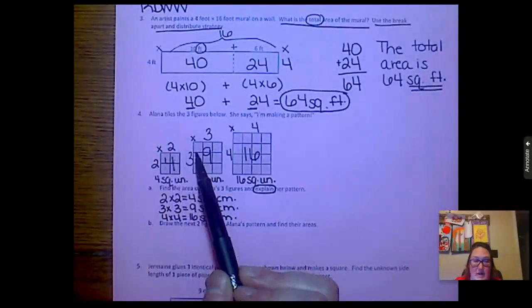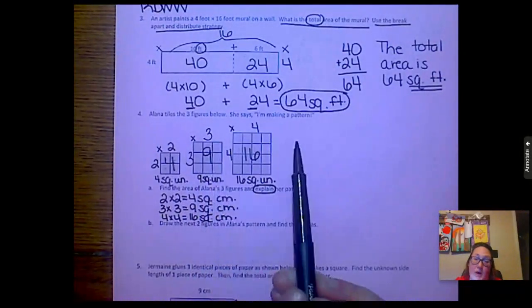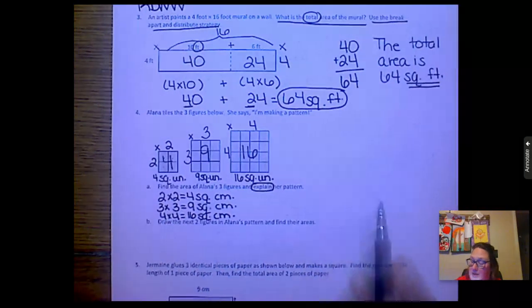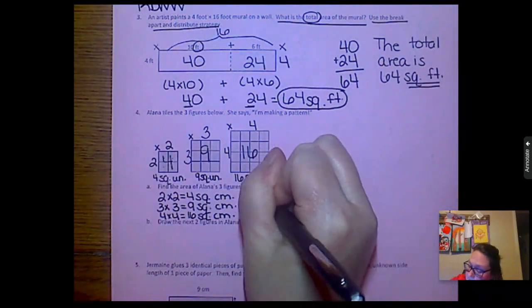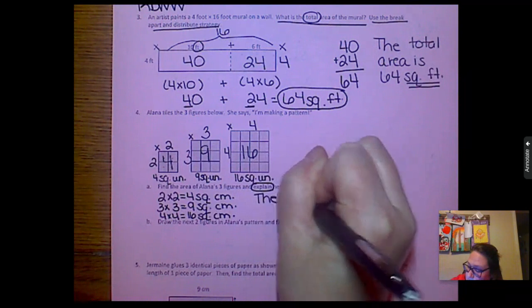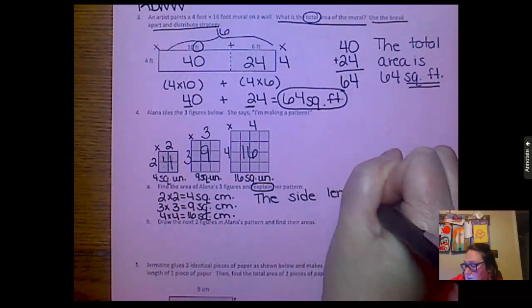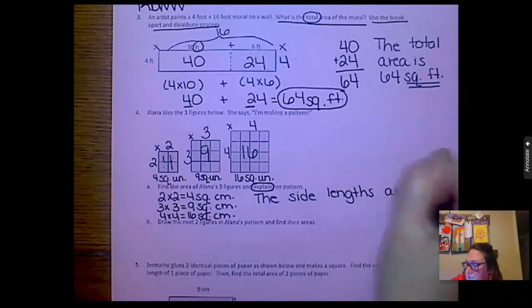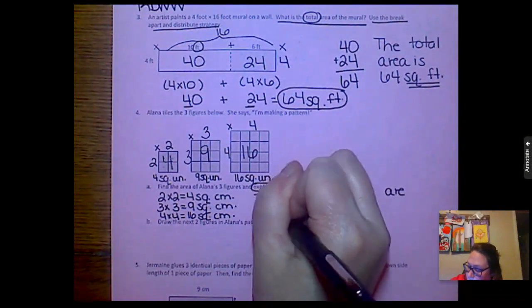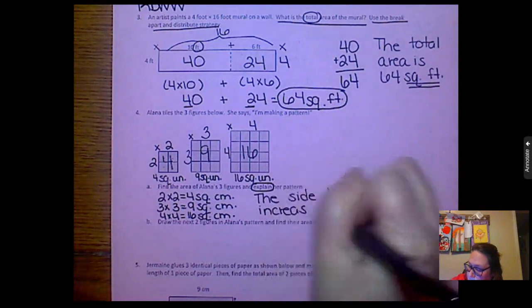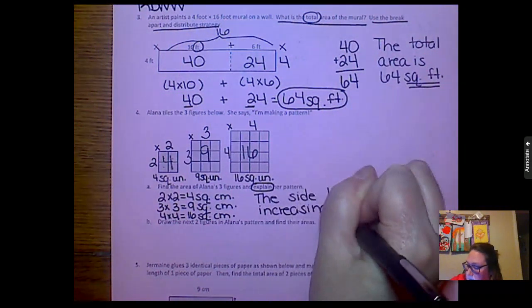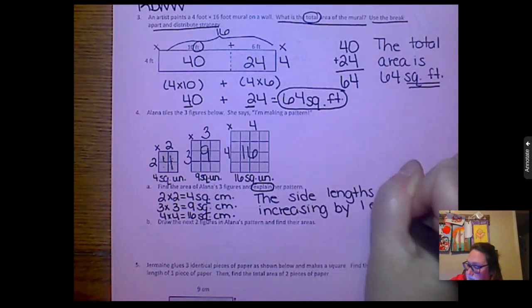The side lengths are increasing by 1 each time, right? So explain her pattern. So the side lengths are increasing by 1 each time.